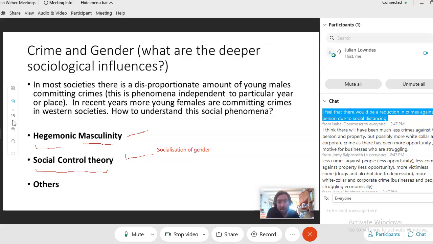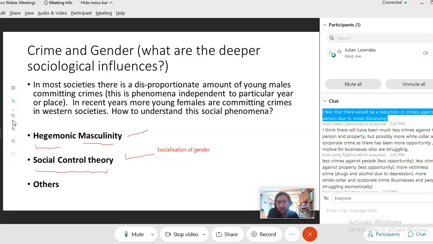The video this week has some really interesting sociological theories to try and understand this. One is outlined by discussing hegemonic masculinity, the idea that a particular type of masculinity, one in a position of power and influence, is portrayed to others in society as the ideal form of masculinity.